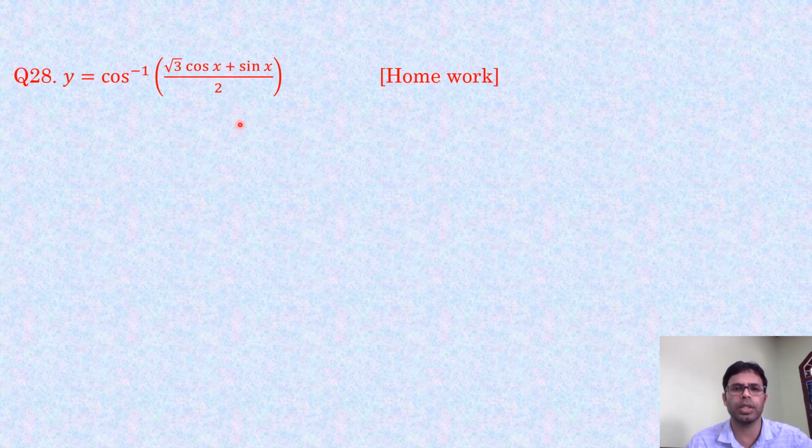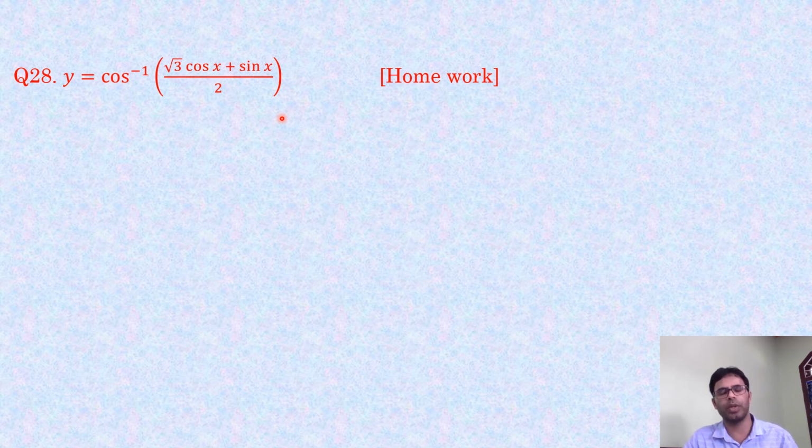In place of root 3 by 2, you can write cos of pi by 6, and in place of 1 by 2, you can write sine of pi by 6. That is, it will be cos x cos pi by 6 plus sine x sine pi by 6, and that is cos of x minus pi by 6.